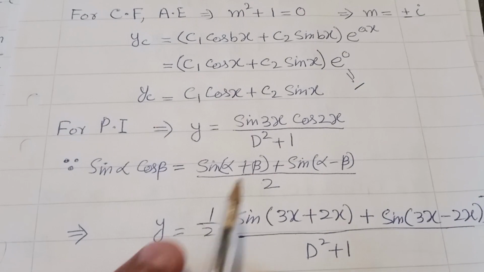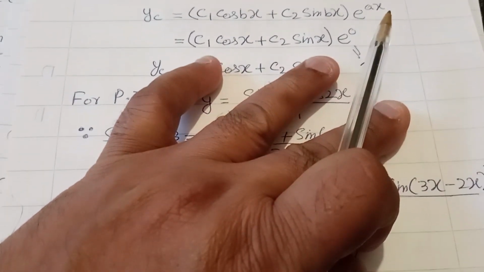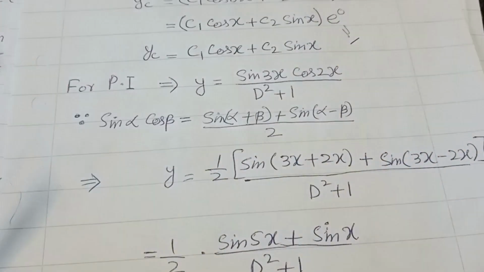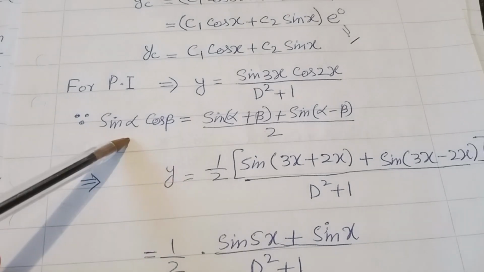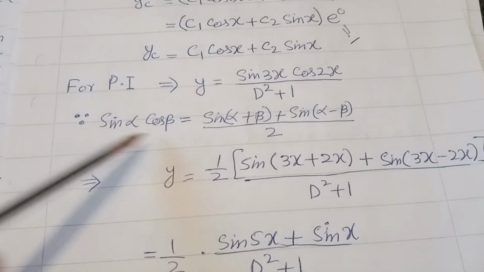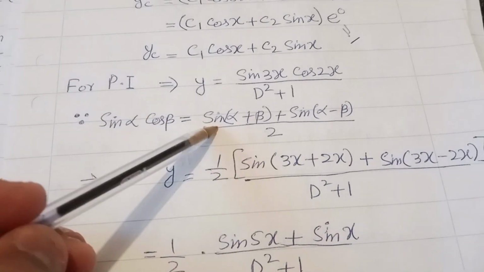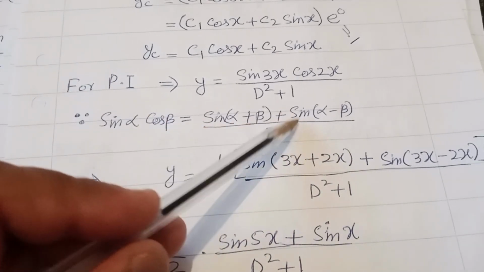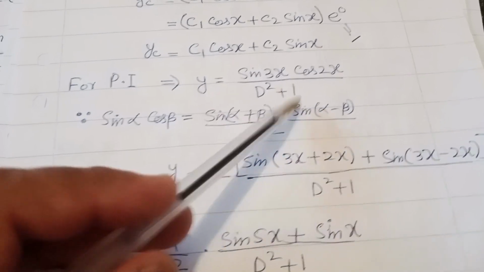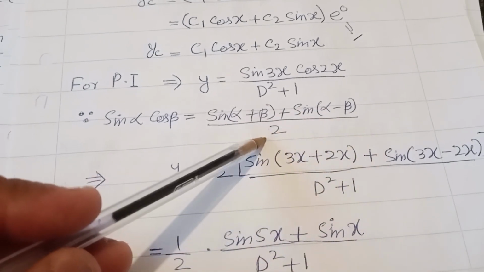According to the basic trigonometric formula, sin alpha cos beta is equal to sin(alpha plus beta) plus sin(alpha minus beta), whole divided by 2.